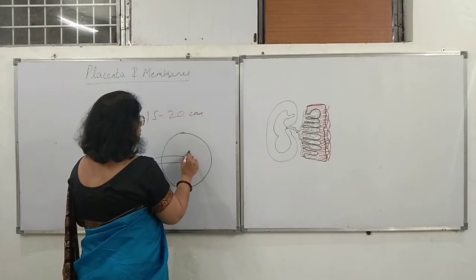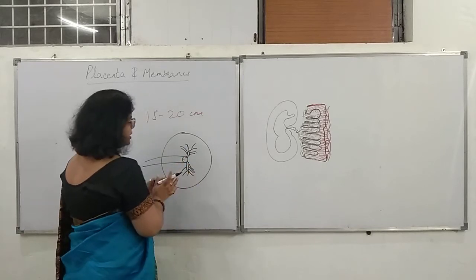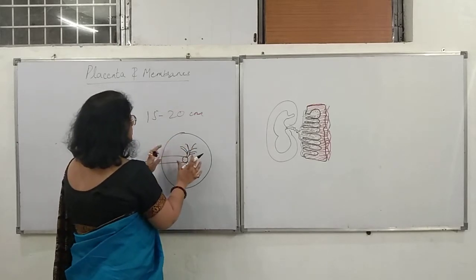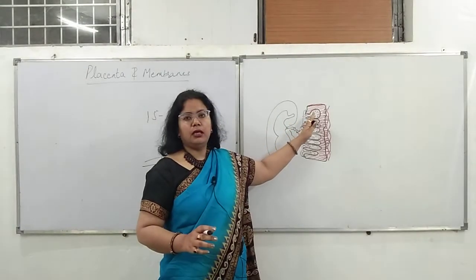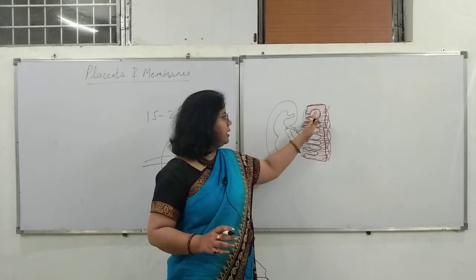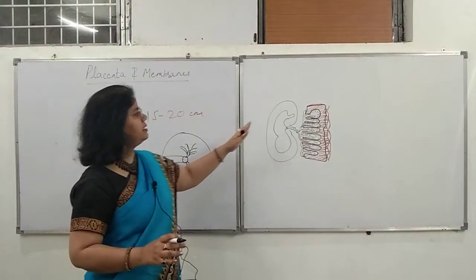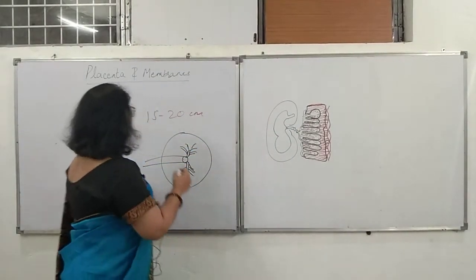These vessels are bluish in color and they are branching. These give branches, which then form the villus arterial structure, arteries, then capillaries, and then veins, and these veins then drain into a single umbilical vein.